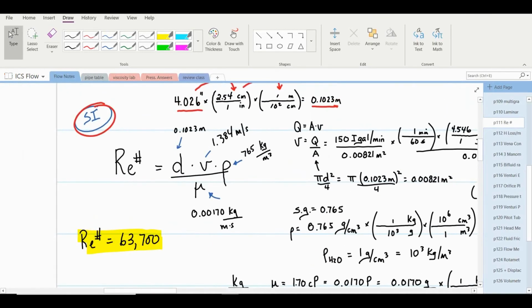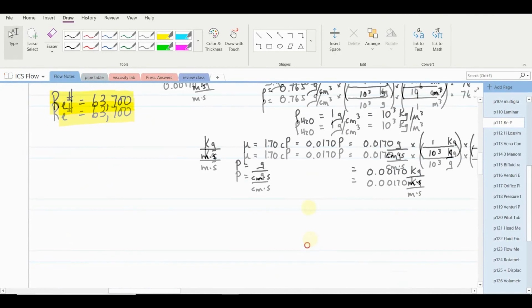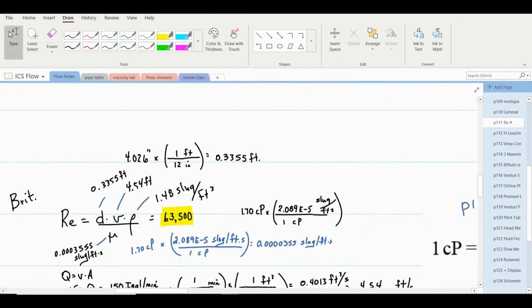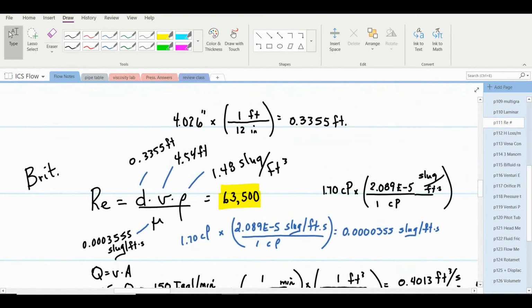I'd like to do it with you also in the British system. Same again. So in the British system, we need units of, well, British units. So here we have the internal diameter is 4.026 inches, divided by 12 to convert to feet, 0.3355 feet.